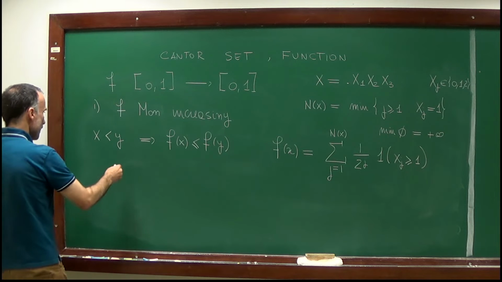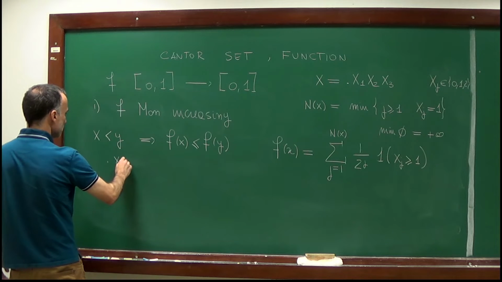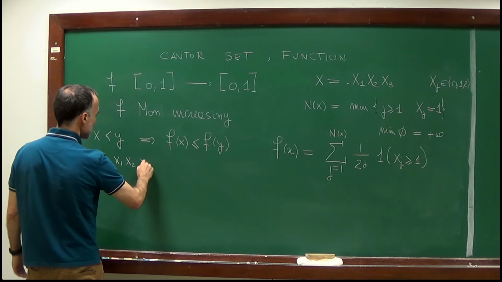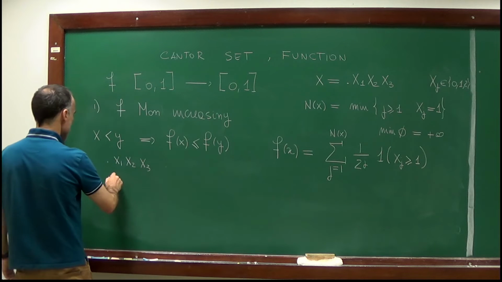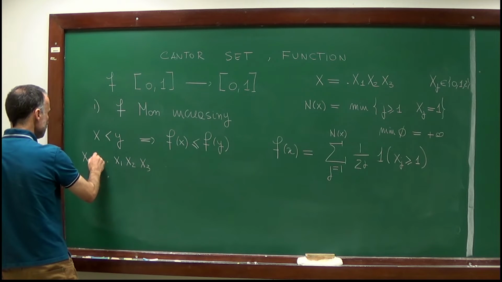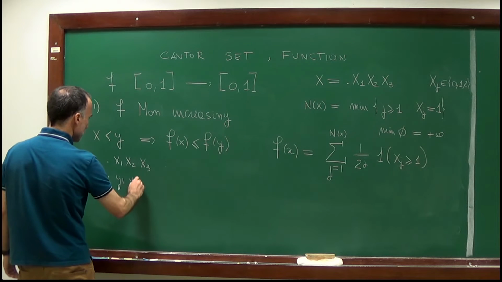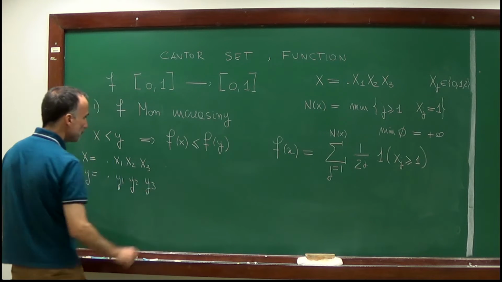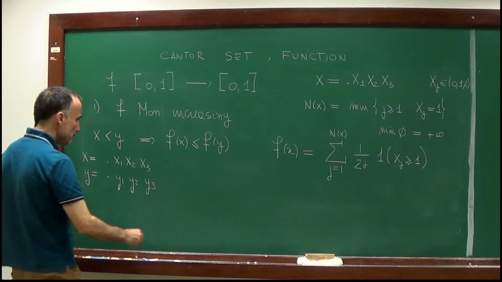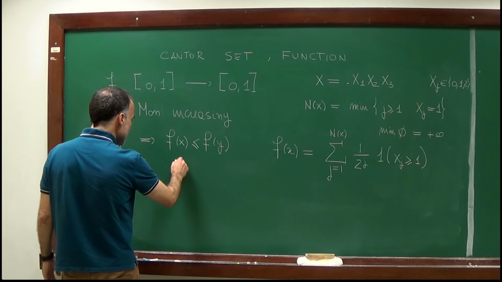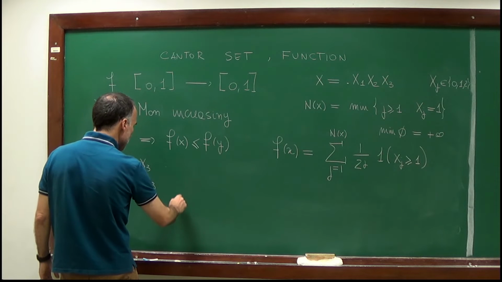So let's write x1, x2, x3, and so on for x, and the same thing for y: y1, y2, y3, and so on. And let me define m as the last digit for which they are equal.